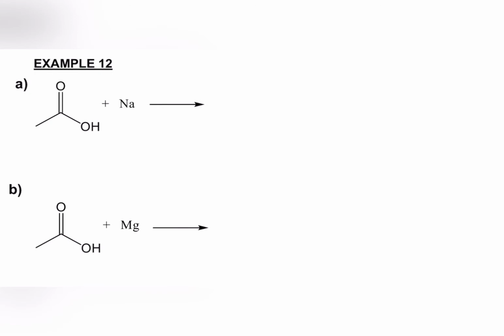So let's try example 12, chemical equation for A. I'm going to draw my product, which is the metal carboxylate salt. As you see here, I have 2 carbons in my carboxylic acid, so I will have this structure, double bond O, and this O- will attract Na+. After that, you have your side product, plus H2 gas.